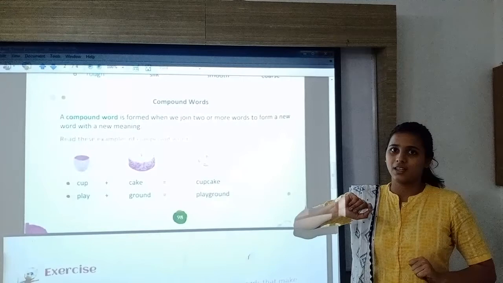Let us see an example of it. Here you can see cup and here you can see cake. If we join these two different words, a new word will be formed, that is cupcake.